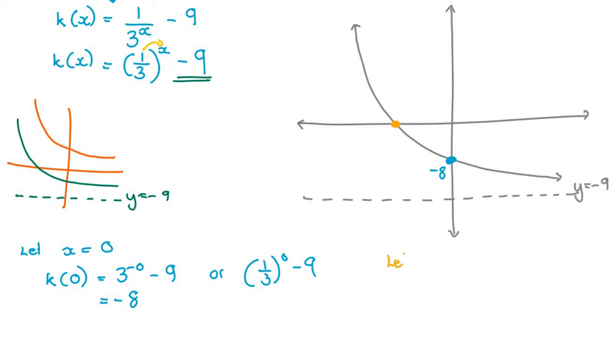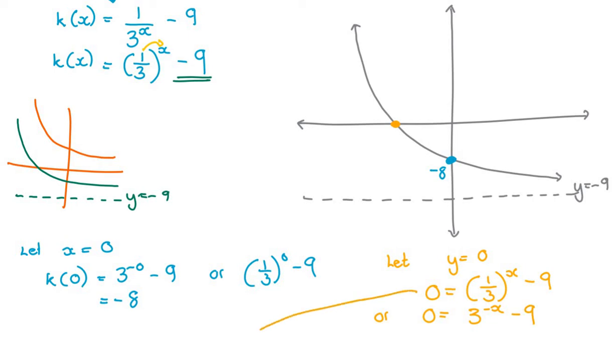Okay, now I'm going to go find my x-intercept, so let y be equal to 0. So 0 equals 1/3 to the x minus 9. Or I could have said 0 equals 3 to the -x minus 9, whatever one you want.